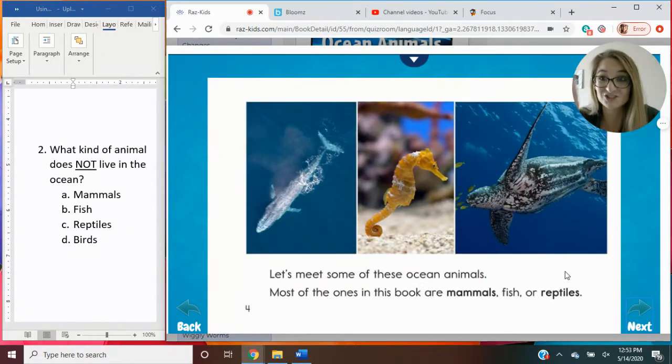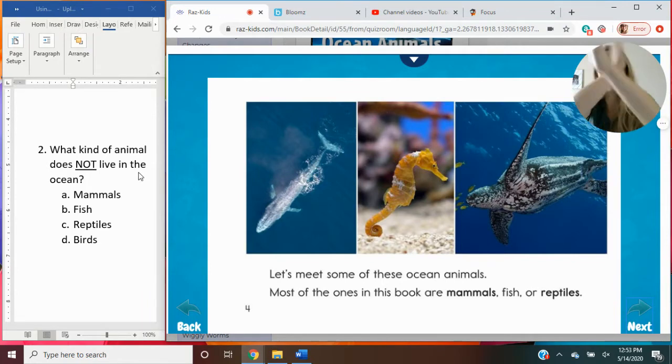Okay, press your speaker button and Miss Connor will start talking. Just pretend. Let's meet some of these ocean animals. Most of the ones in this book are mammals, fish, or reptiles. What kind of animal does not live in the ocean?